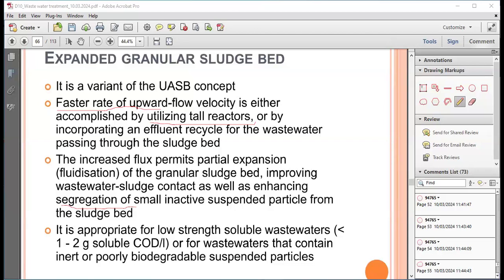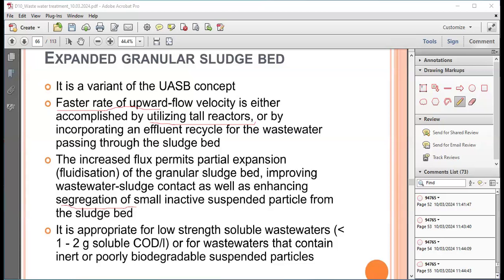So simply we can say setting apart. Segregation means setting apart or shielding. So separation, segregation means separation.